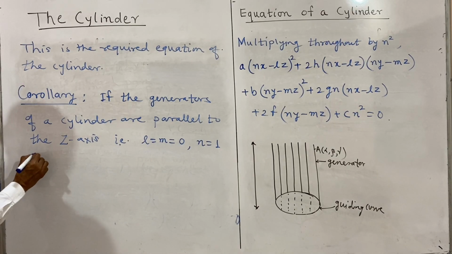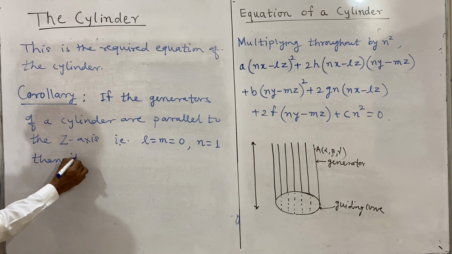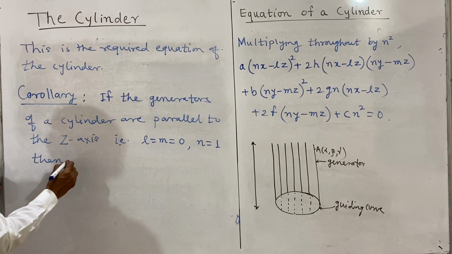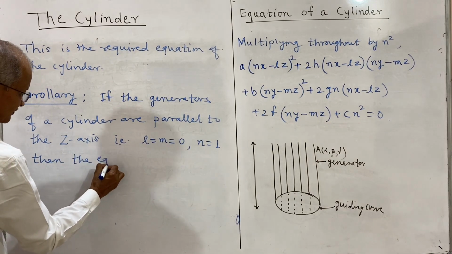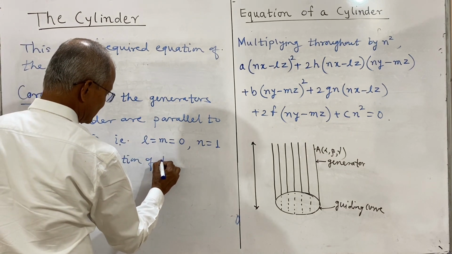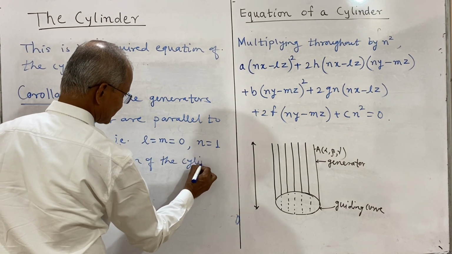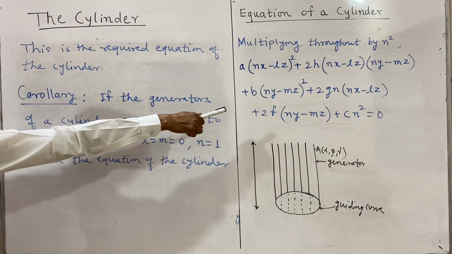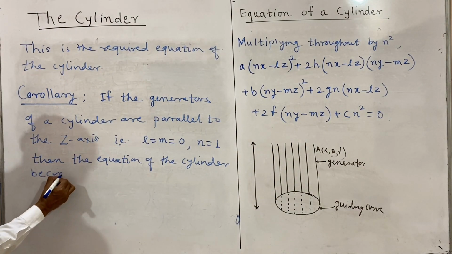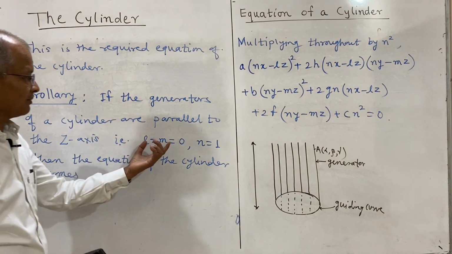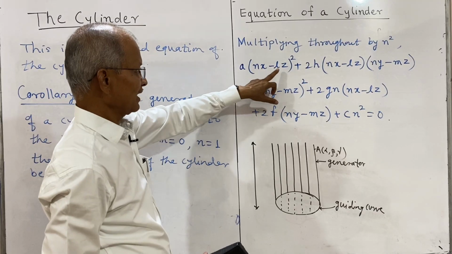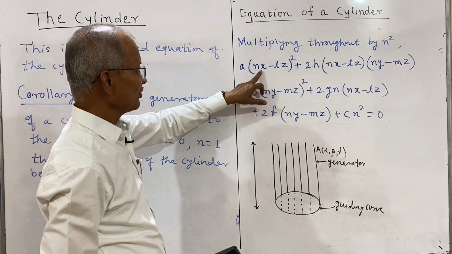Then the equation of the cylinder becomes, that means this equation becomes, putting L is 0, m is 0, and n is 1. So n is 1 and L is 0, so this term is only x.